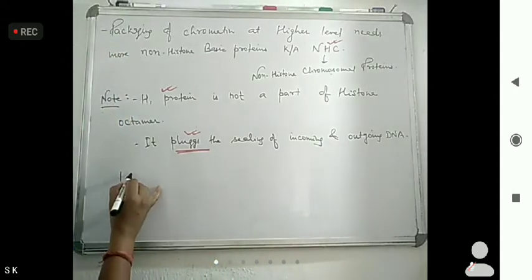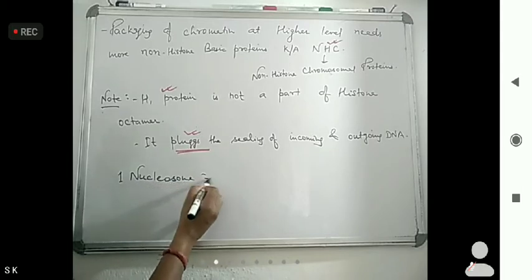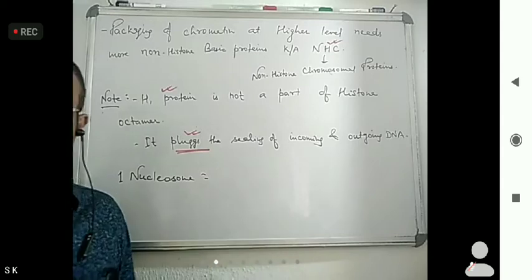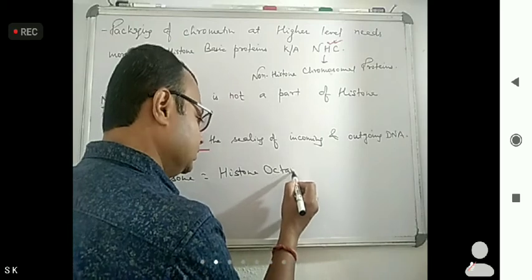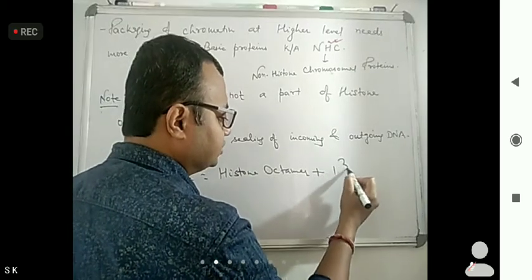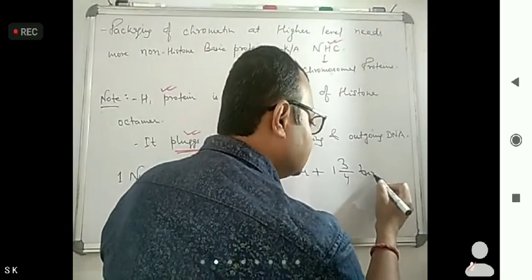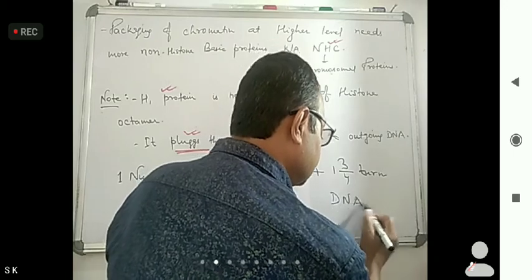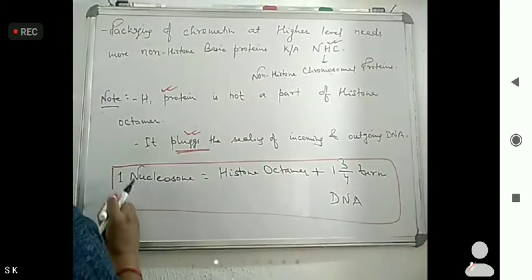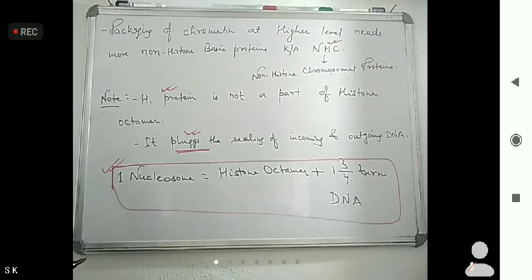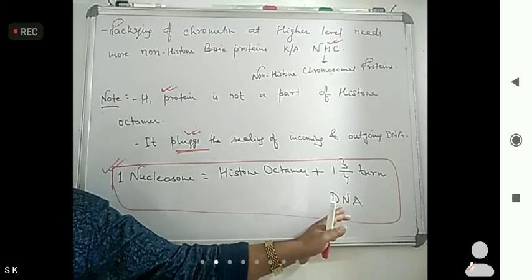Mathematically, one nucleosome equals histone octamer plus 1 and 3/4 turns of DNA. This is completely known as one nucleosome. This you have to remember.